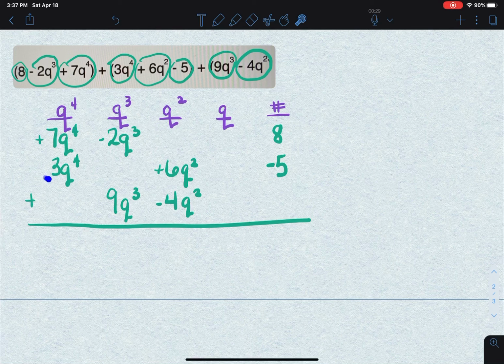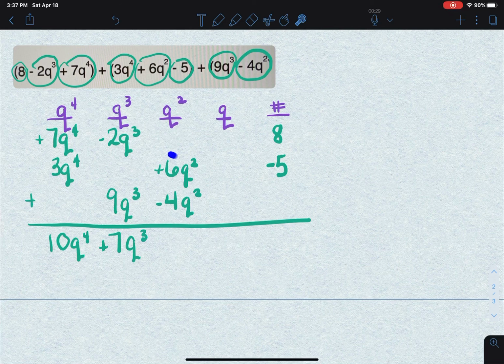So in this column, positive 7 and positive 3 is going to be positive 10q to the fourth, negative 2 and a positive 9 is going to be a positive 7. So remember, you're totaling those coefficients in the front. That's why it's important to take negatives with you if you have those.